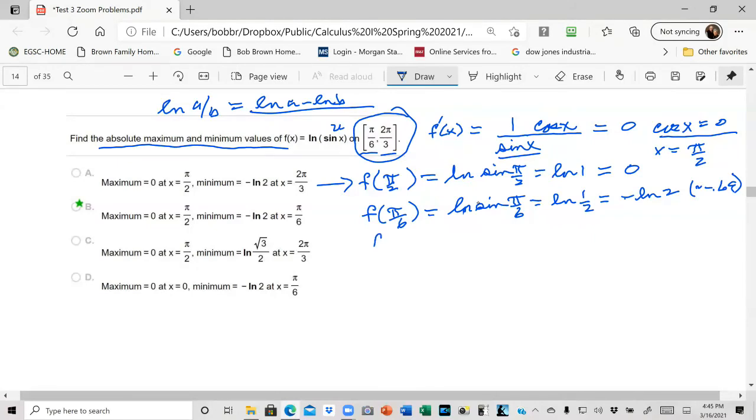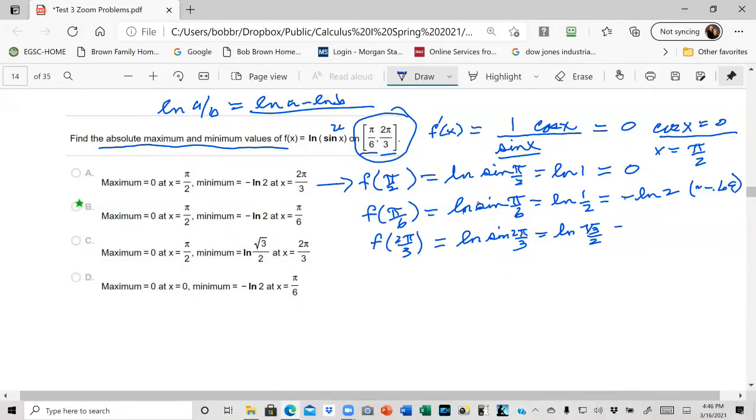f of the right endpoint, f of 2 pi over 3, is equal to ln of sine of 2 pi over 3. Sine of 2 pi over 3 is the square root of 3 over 2.